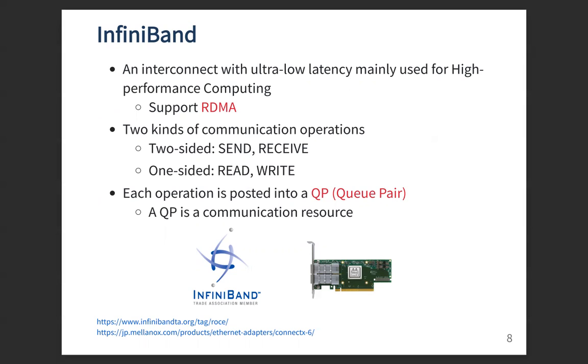When issuing communication using InfiniBand, each operation is posted to a communication resource called the queue pair. This is a little bit detailed, but important because we will use it later. I would like to ask you to remember the timer and queue pair here.